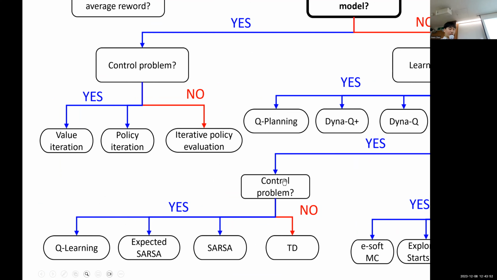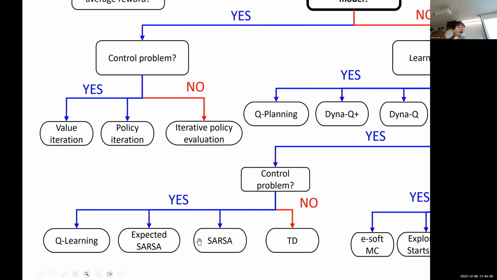Every time, at the end, we need to ask whether it's a control problem or a prediction problem. If it's a control problem, then it links to Q-learning, Expected SARSA, and SARSA. Okay, these are several approaches we learned. If it is just prediction, we just want to update the state values, then we use TD. Okay, this is the approach we learned.